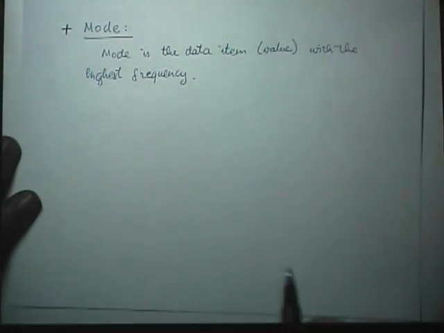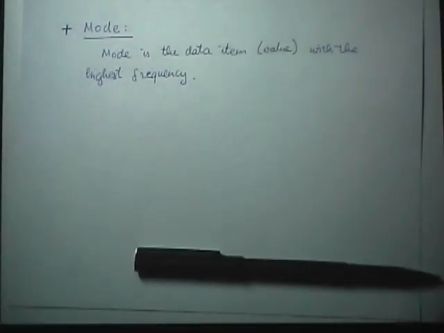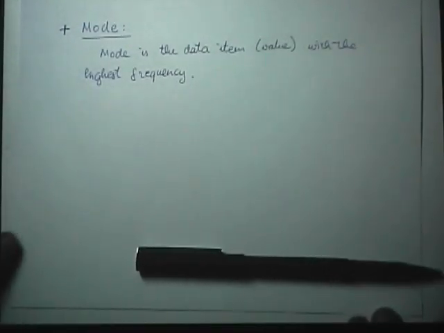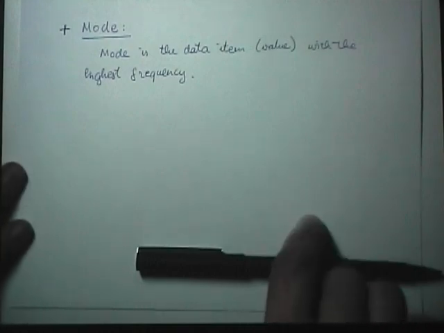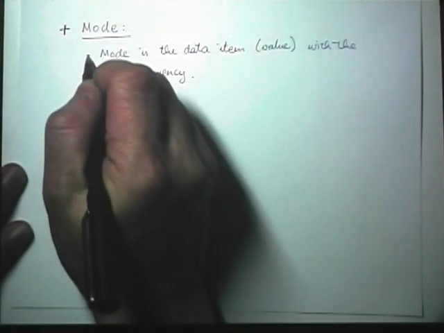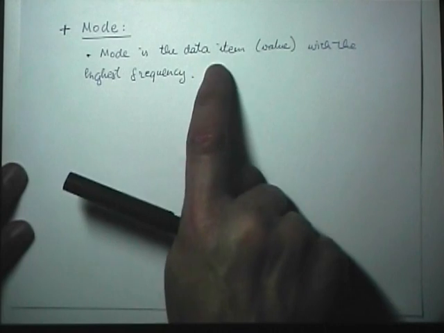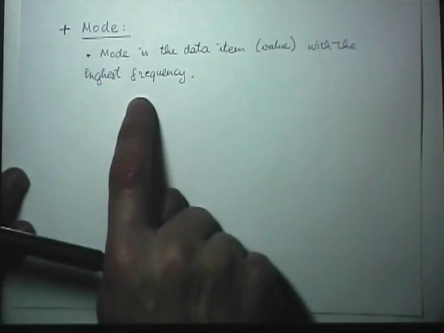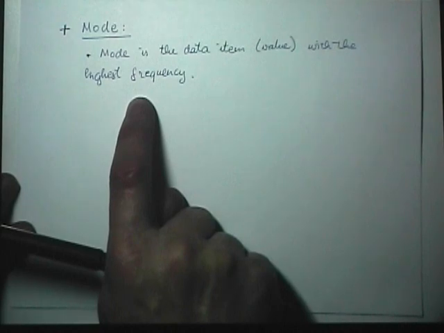Frequency of a data value is just the number of times that data value happens, that it is repeated. So the mode is whichever number has the highest frequency, whichever data value occurs the most frequently.